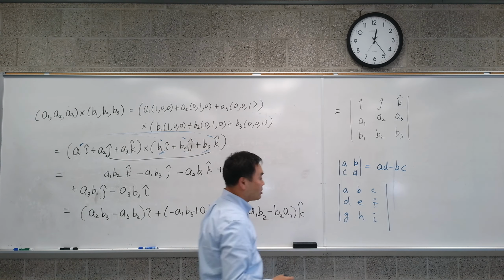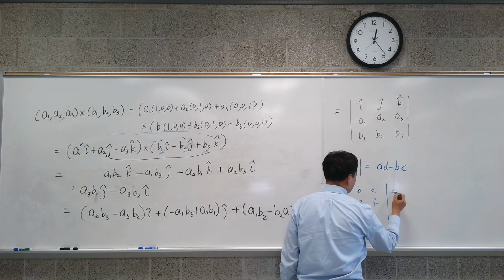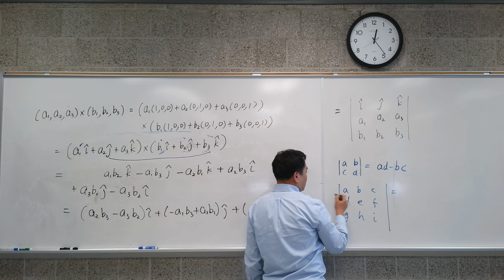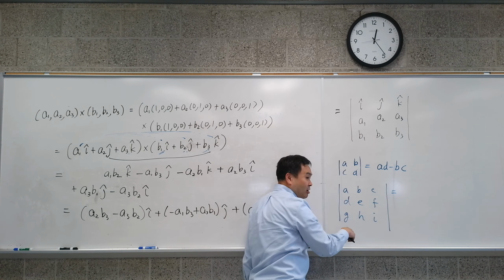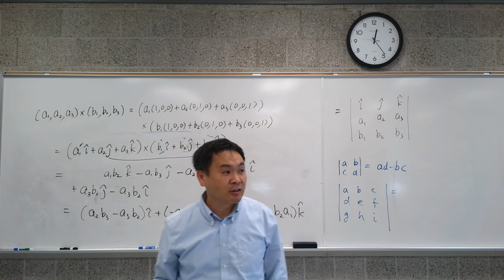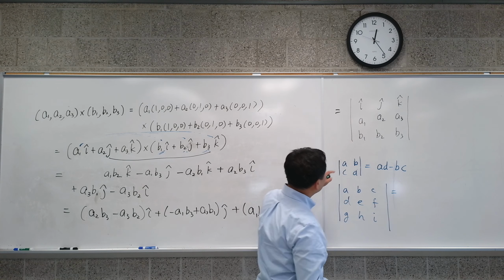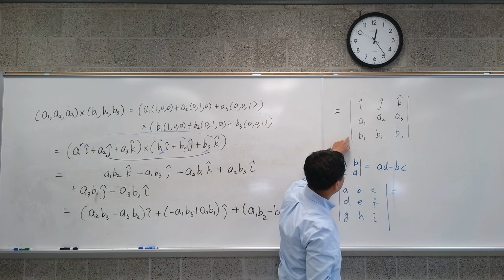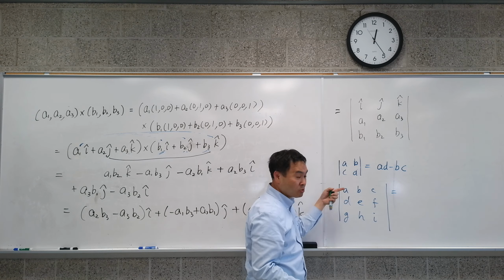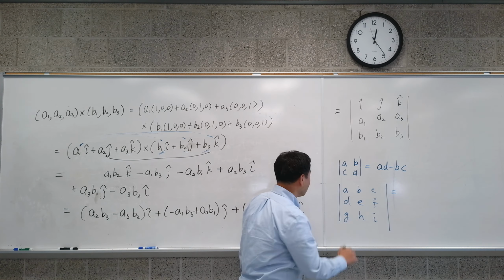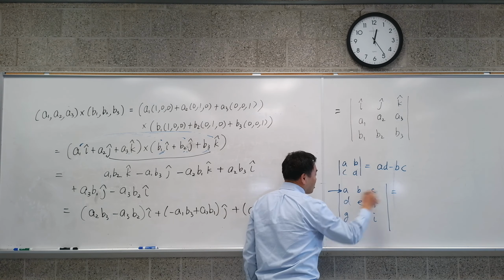The way you calculate a 3 by 3 determinant is you select one entire row or one entire column. It doesn't matter which one you take. You just take one. For this kind of calculation, it's often easier to just do the first row. So I'll just explain how to do expansion by first row. So let's say we choose the first row.